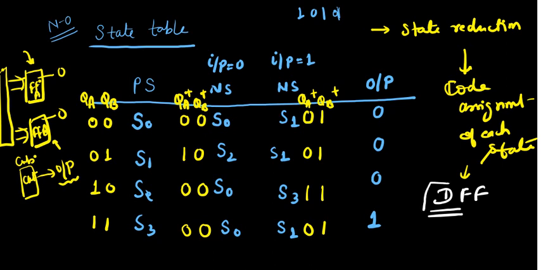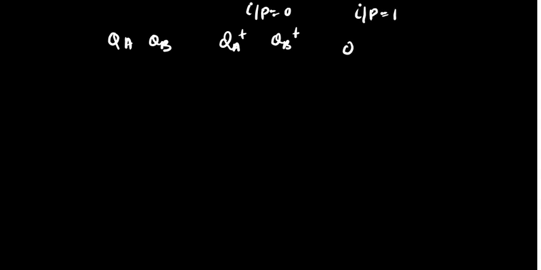If you remember the excitation table of D flip-flop, we can easily solve this problem. So let's make it again. We are in QA QB, QA plus QB plus, given input is 0, input is 1. What is the next state of our two flip-flops?